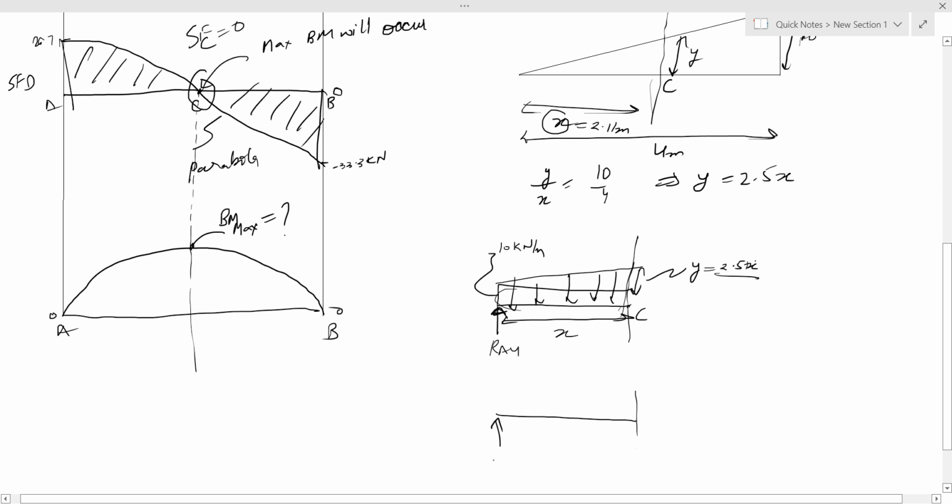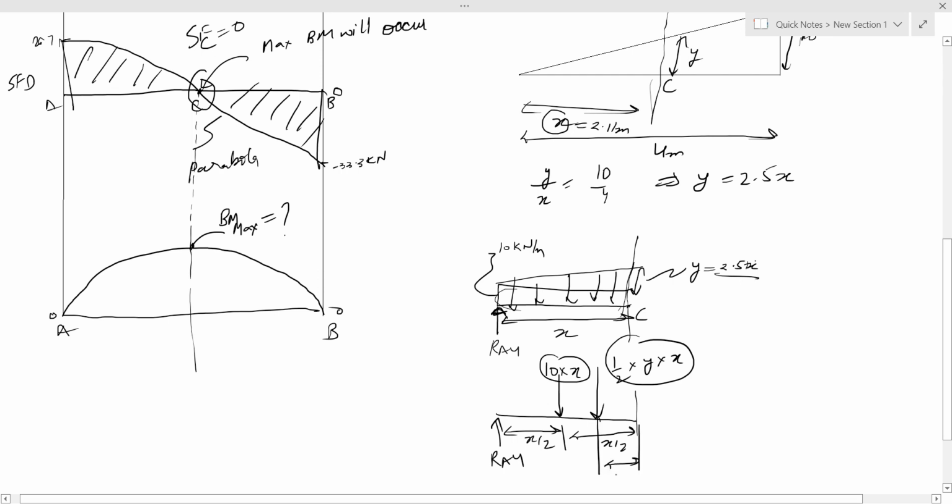This is RA, 10 into X for UDL and half into Y into X for UVL. The UDL is acting at a distance of X by 2 and UVL will act at a distance of X by 3.